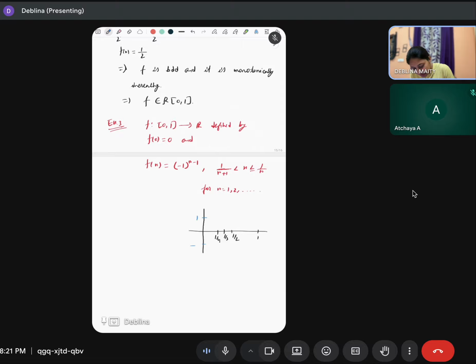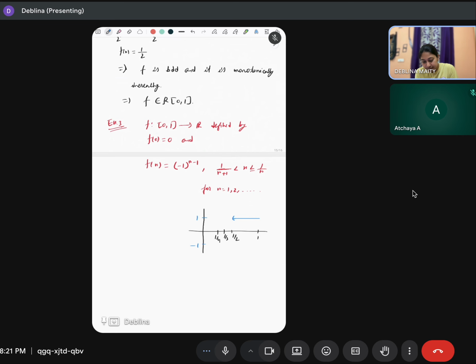So this is 1, this is -1. Now if r equals 1, then f(x) is 1. So r equals 1 means it lies between half to 1. So half to 1, the value is 1.